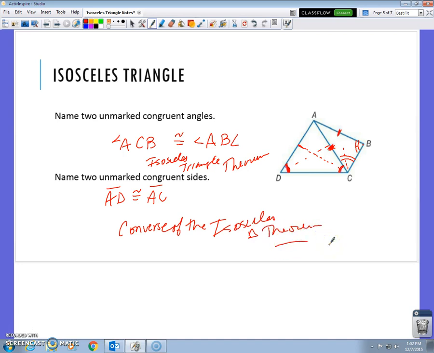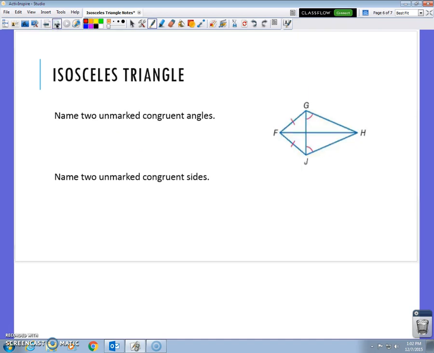Okay, so that's what the theorem's saying, and I'm going to try to incorporate that in some of our proofs. Here's an example of one. Do another diagram first, I guess. It says name two unmarked congruent angles. Once again, if I'm looking for the congruent angles, that tells me I'm using the actual theorem itself. I know that these two sides are congruent, and if they're part of this big triangle right here, then I know that the opposite angles must be congruent as well.